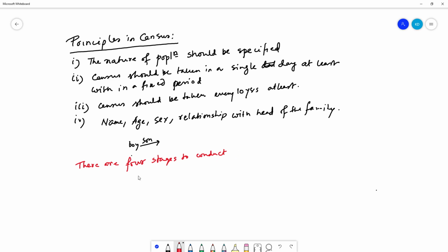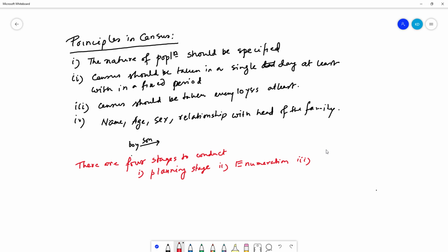That is, one is planning stage, two enumeration, three procedure or compilation stage, and last is analysis and reporting stage.